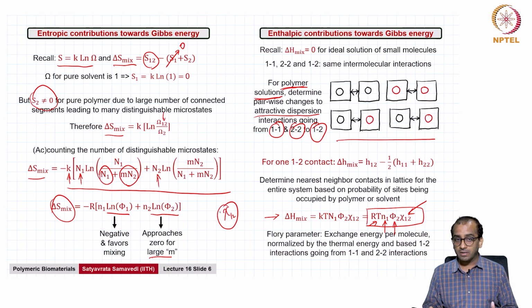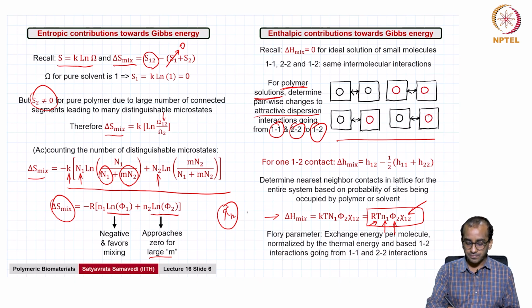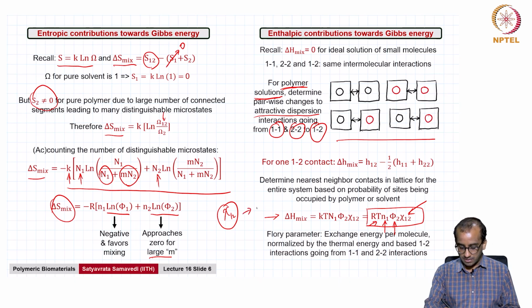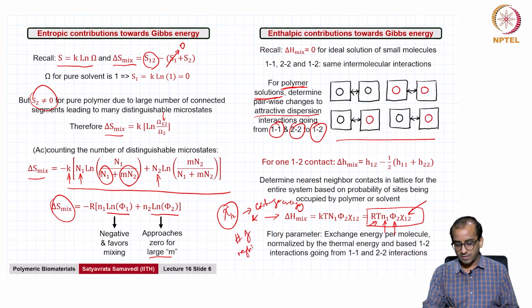The Flory parameter subsumes the 2 factors I talked about, namely the exchange energy and number of neighbors.